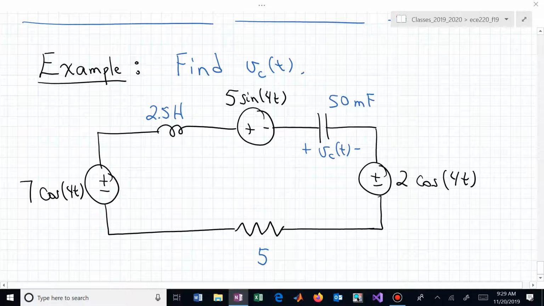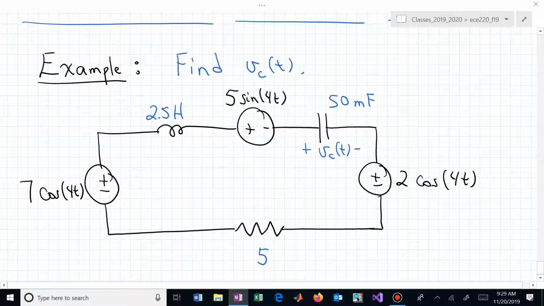Why is it that we can combine them, and why is superposition maybe not the best for this particular problem? They share the same frequency.